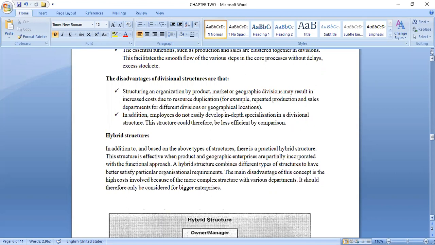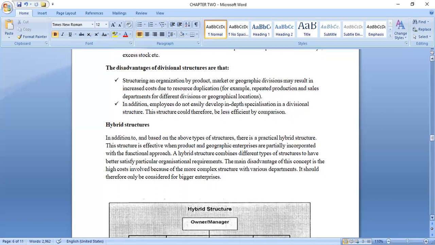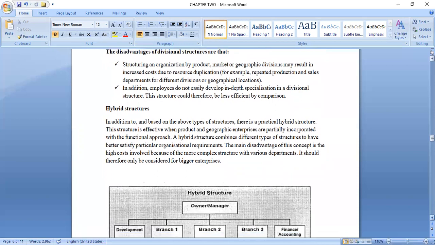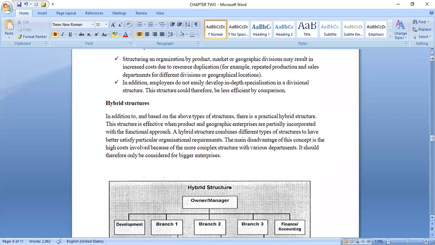It's going to be costly because we are having a duplicate of, for example, production and sales departments, especially in terms of differentiation according to products, according to customers, according to geographical locations. So we have a duplication of departments, and it's going to be expensive.